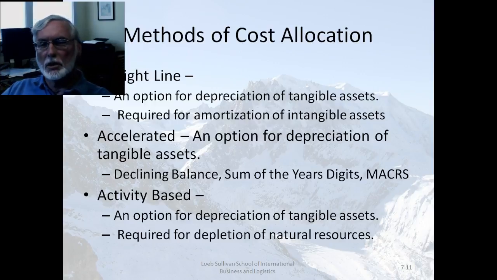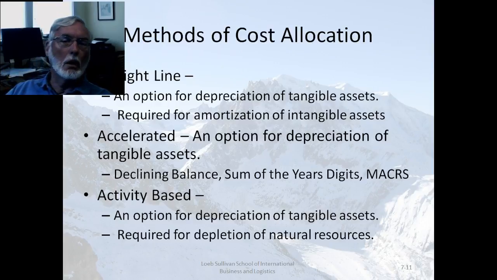So if you notice under each of these methods, straight line, accelerated, and activity-based, for straight line, we can use it for tangible assets if we choose, and it's required for intangible assets. It's the only method you can use for intangible. They have to be amortized on a straight line basis. Accelerated methods are only available for tangible assets. You can't use them for intangible assets or natural resources.